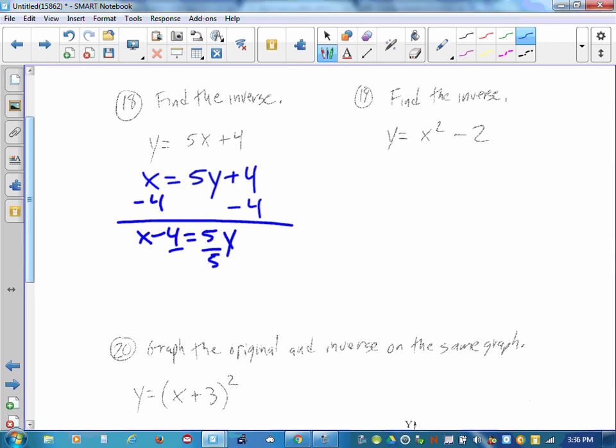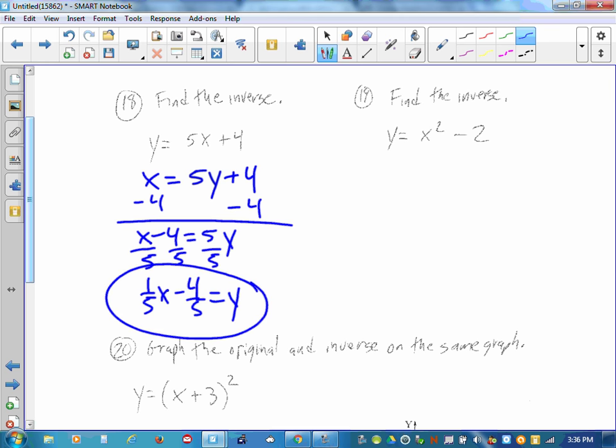We divide everything by 5, so we get 1/5 x minus 4/5 equals y. And that would be the opposite of it. So the original function had addition and multiplication, and you can see that the inverse has to do with subtraction and then dividing by 5. So it is the opposite way.